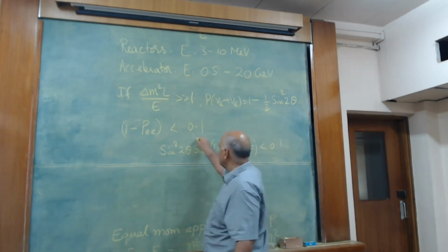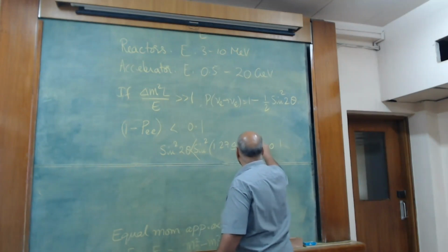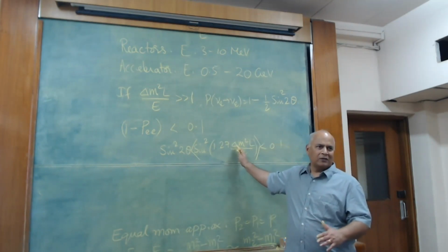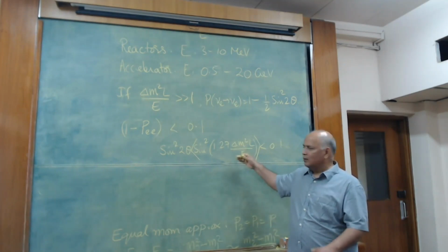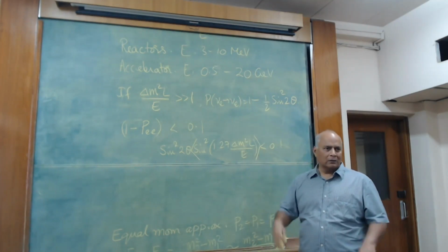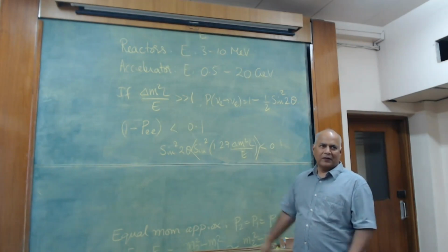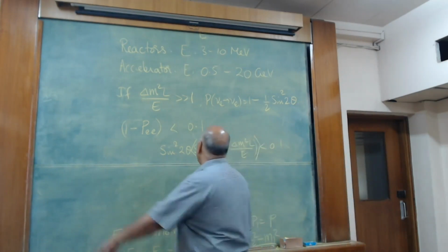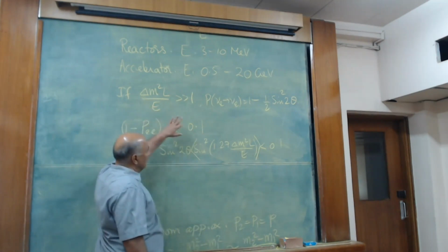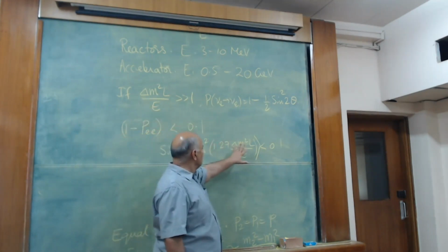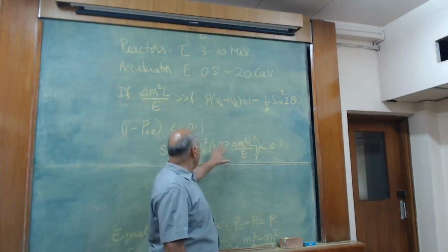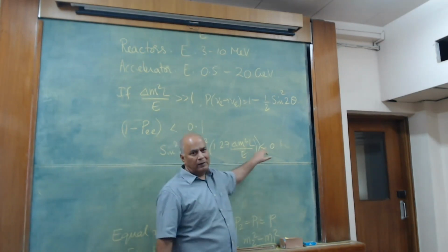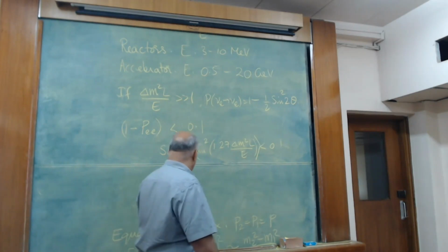So I should put this is the average value, weighted average value. Now, as I mentioned here, this quantity is a function of two variables, theta and delta m square.